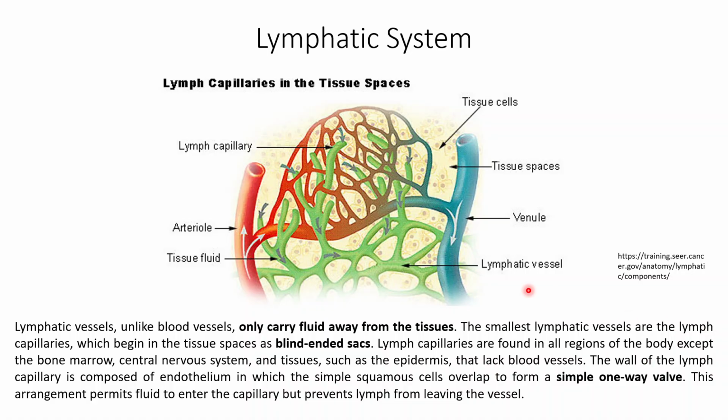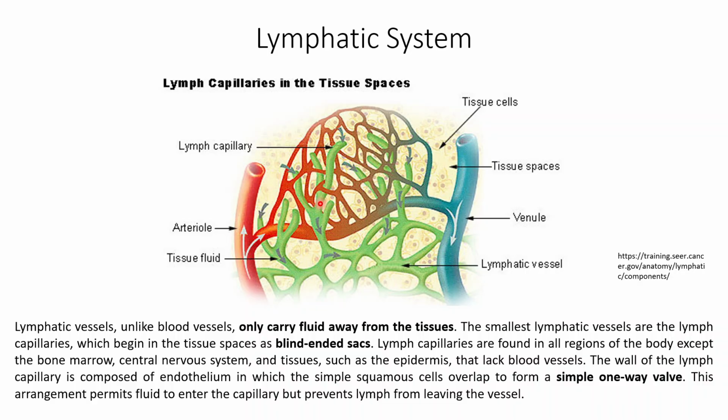So how is it that this tissue fluid is entering into the lymph capillary so easily? The wall of the lymph capillary is composed of an endothelium, which has these simple squamous cells, and they overlap in a way that forms a simple one-way valve. So what does this mean? Essentially, if the tissue fluid enters the lymph capillary, it shouldn't keep fluxing in and out of the capillary.